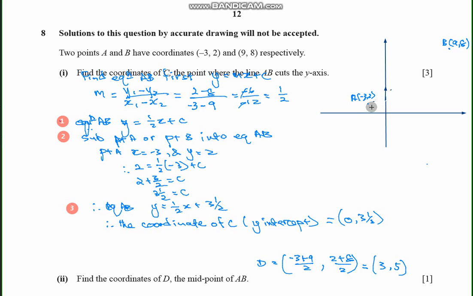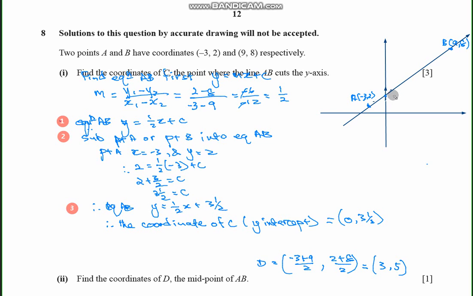Okay, here to draw the line. So the line would be to this point. Now this point here, A is here and B is here.